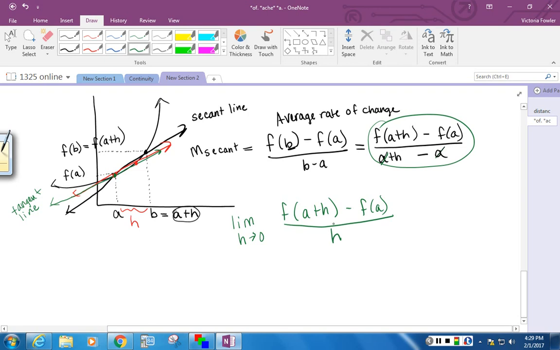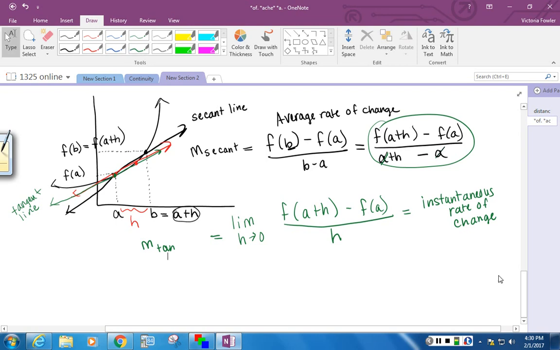So what I've done is I've minimized the distance, and I can actually see that I am now able to determine, by doing this, the instantaneous rate of change when x is equal to a. And this also gives me the slope of the tangent line when x is equal to a.